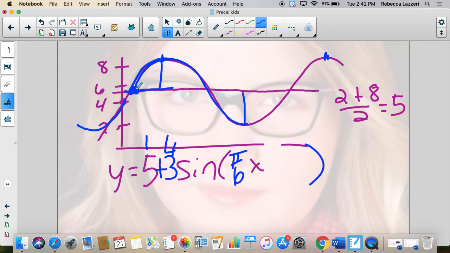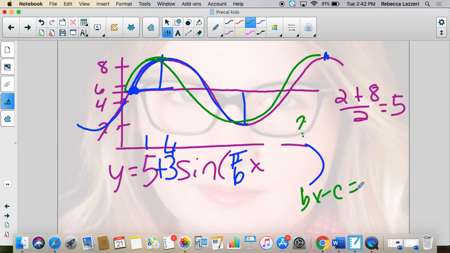My data would be lining up a little bit off, so I want to shift everything over. My peak right now looks like it would be at 3. I want to shift it over to my peak being at 4, so I'm going to shift it over 1 unit. I do bx minus c equals 0.